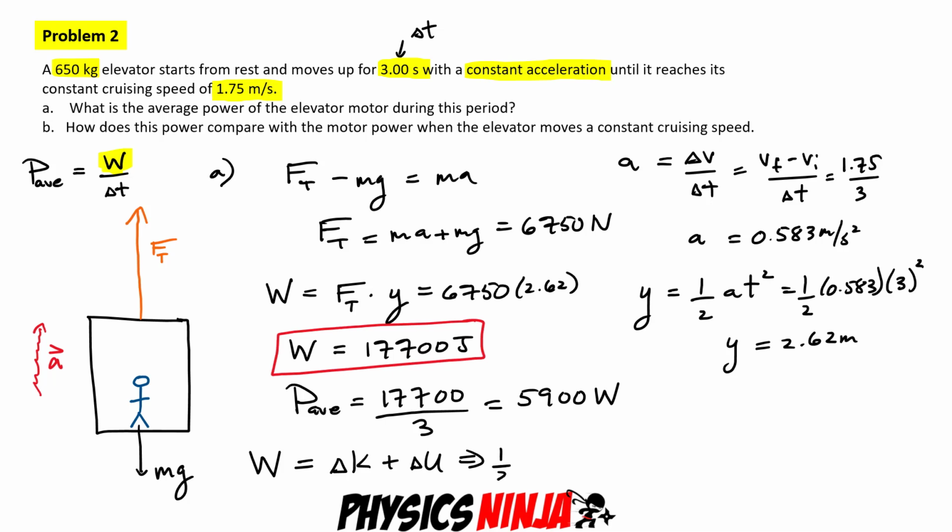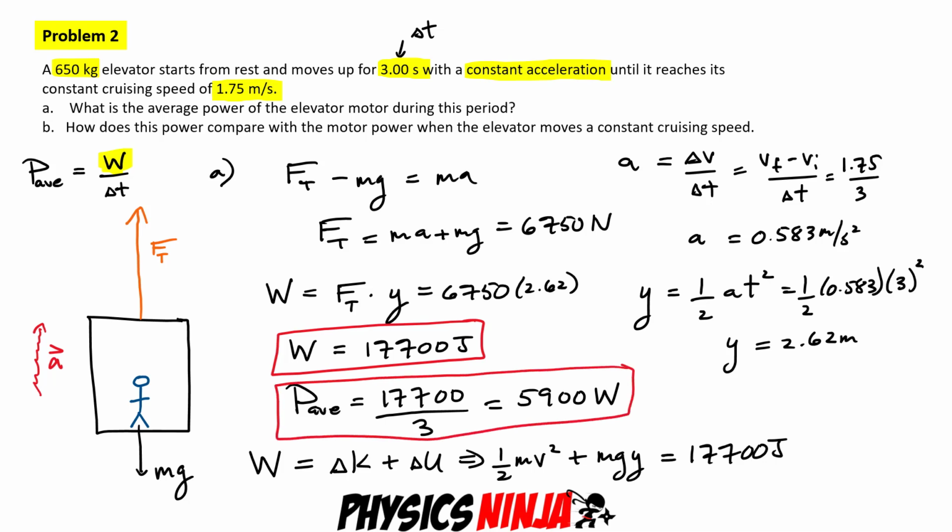The change in kinetic energy is 1/2 mv squared, and the change in gravitational potential energy is mgy. I know all the values in here, so just substitute everything and you get approximately 17,700 joules. At the end, my power equation is the same and the work is the same. You've just calculated the work slightly differently.